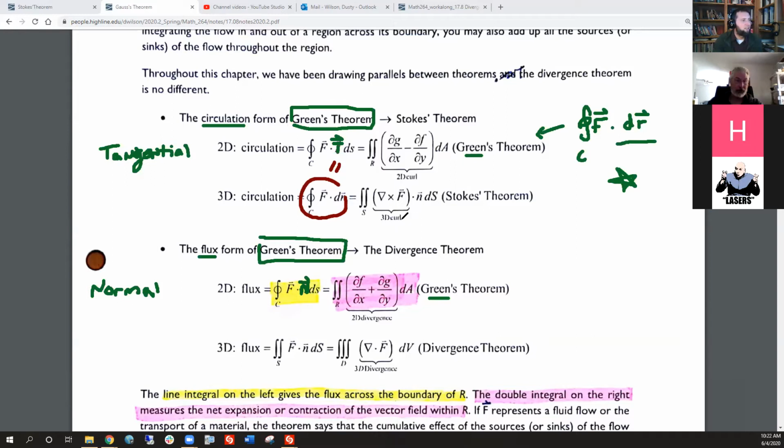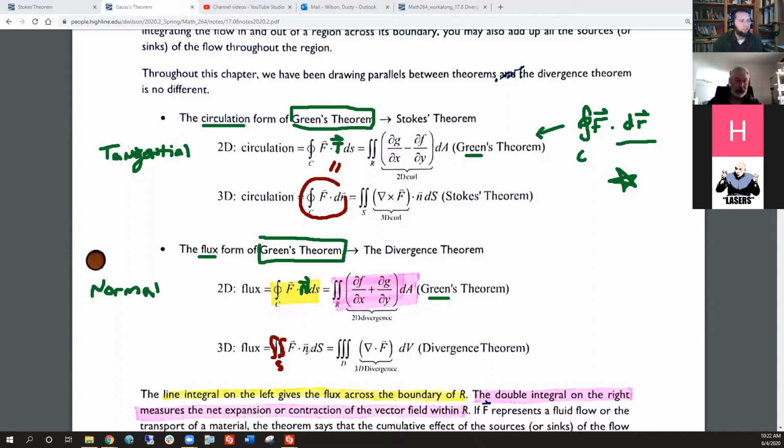And then for the divergence theorem, we're basically doing the same thing. The 2D version was F dot n, and we ended up using the 2D divergence. Here we'll have a surface integral. Notice this is a double integral, a surface integral here.